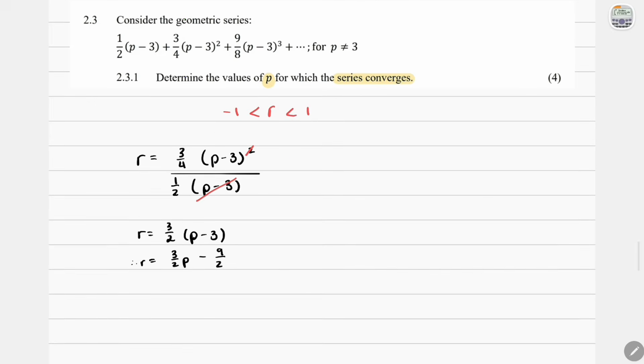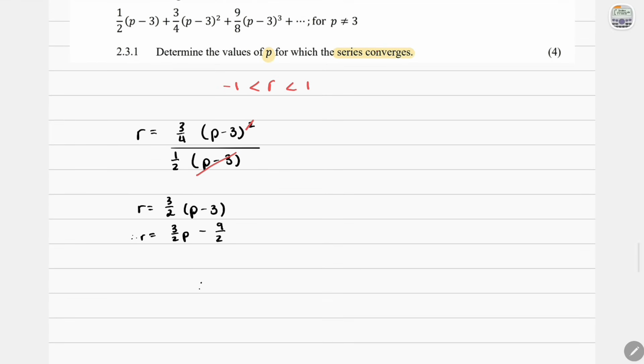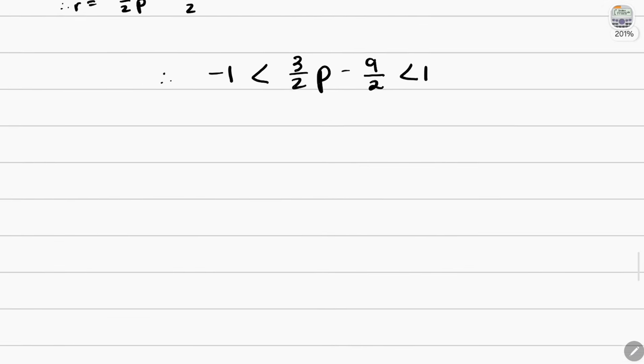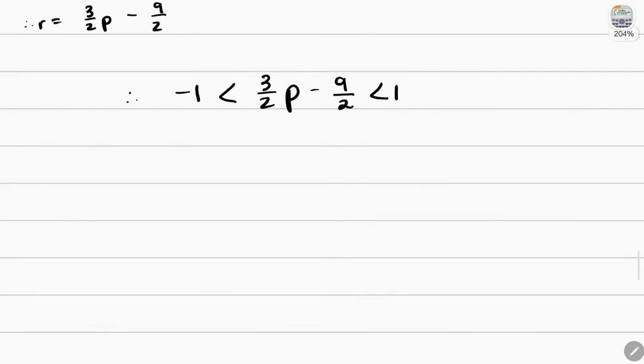Okay, the values of p for which the series converges is where our ratio, which is 3 over 2 p minus 9 over 2, is greater than -1 but less than 1. Let's just solve for this inequality. In order to solve for p, we first need to get rid of this -9 over 2.